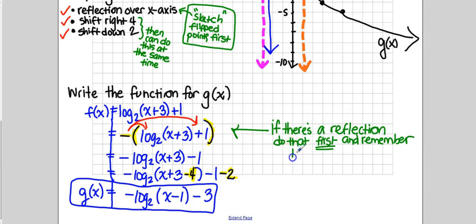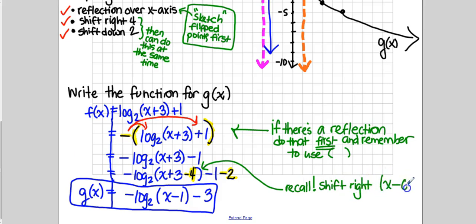And remember to use parentheses. And then let's add a note so you don't make the mistake I did. Recall shift right is x minus c because of that built-in negative.